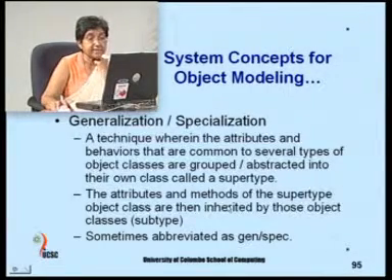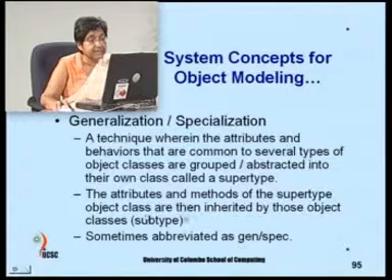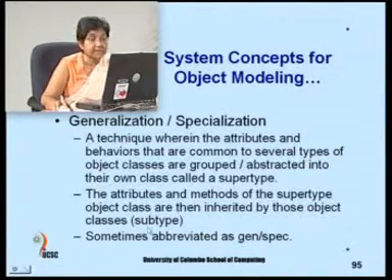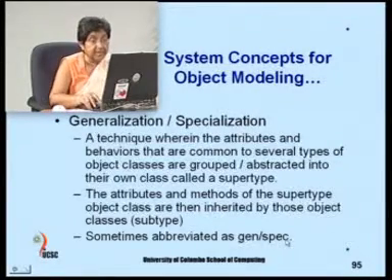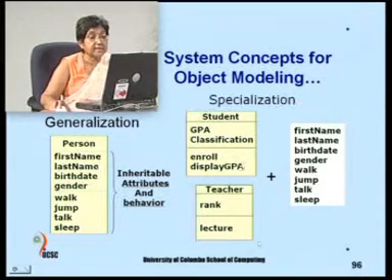The attributes and methods of the supertype object class are then inherited by those object classes called the subtypes. Generalization is sometimes abbreviated as gen and specialization is abbreviated as spec. So, we will look at this from an example.